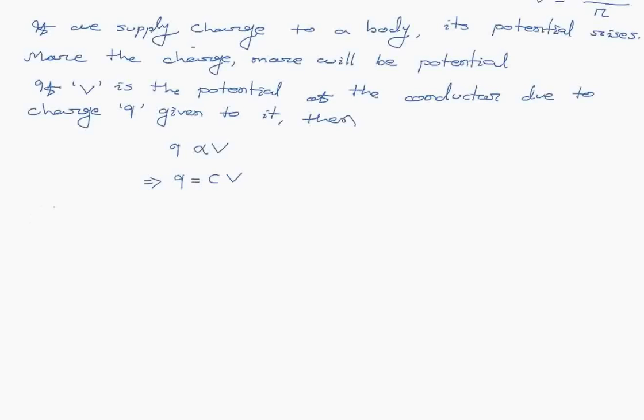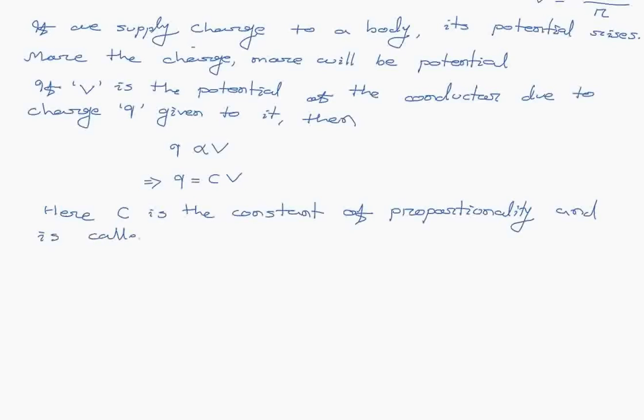This constant of proportionality, capital C, is called the capacitance of the conductor.